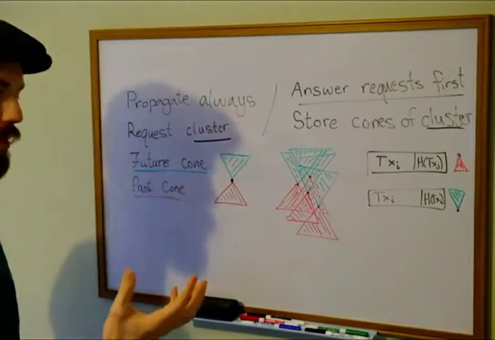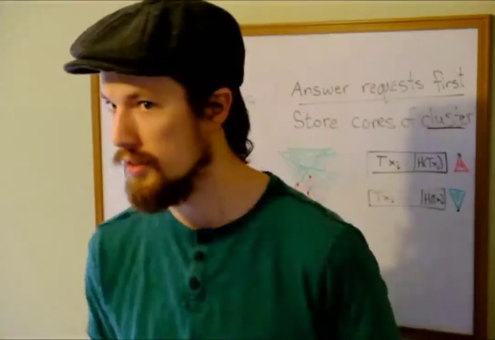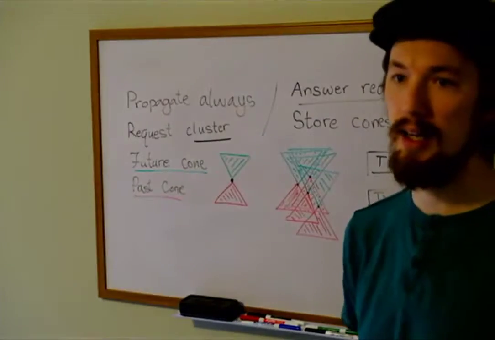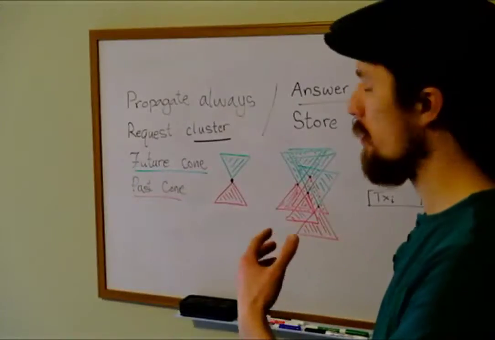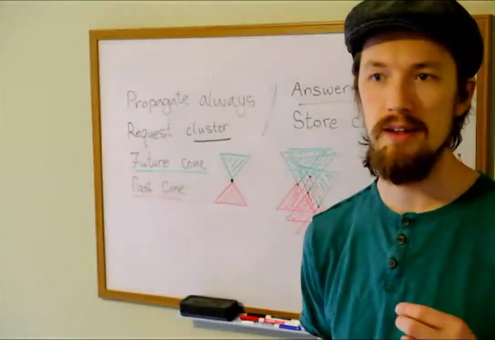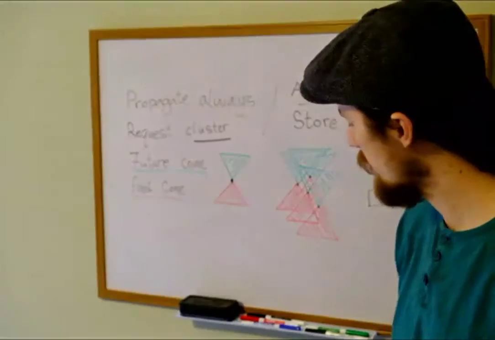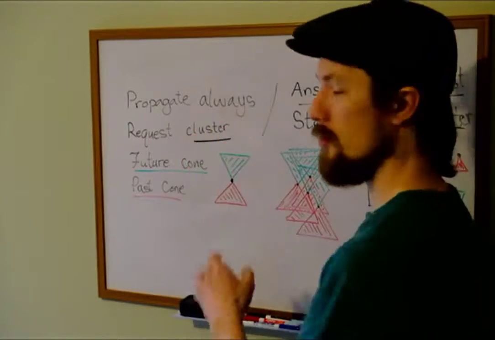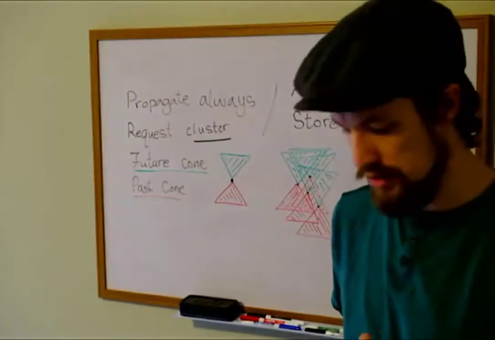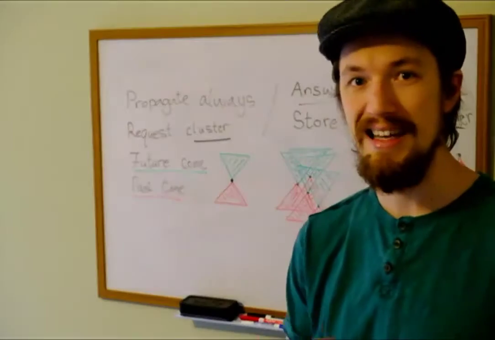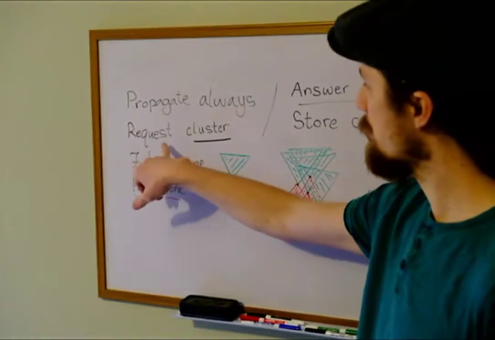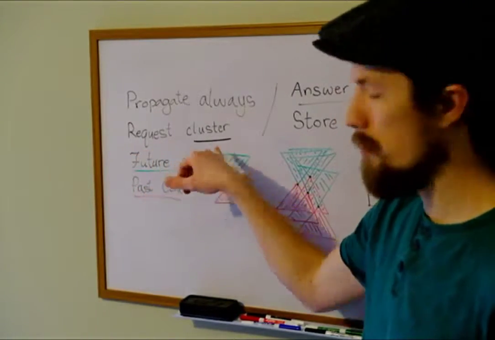So the propagation rule that we take as a node when we're operating at a network capacity level, a network saturation level, is generally just propagate always. If I receive a transaction, I intend to propagate it, and request from the cluster.